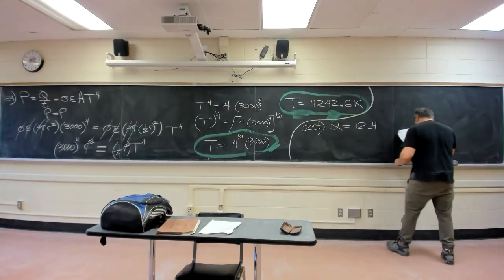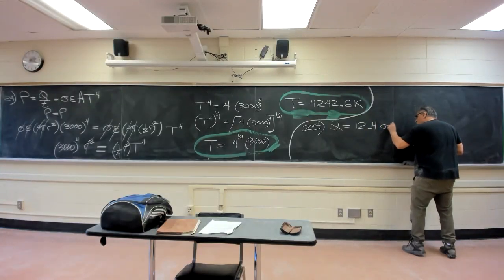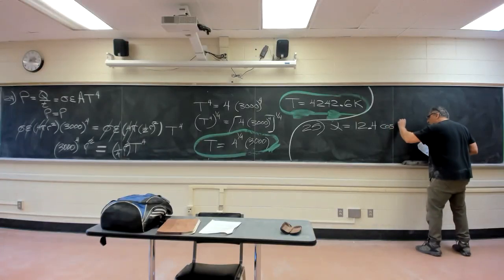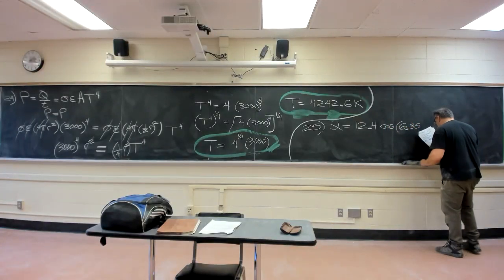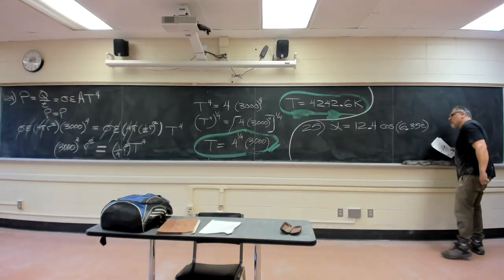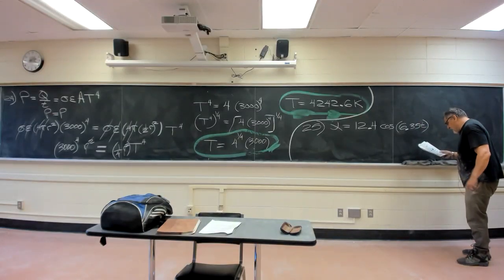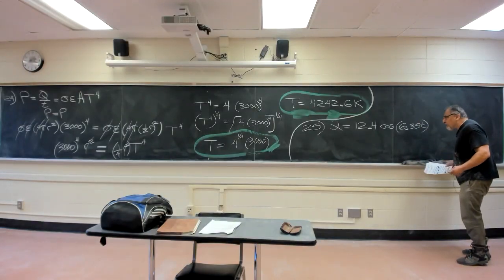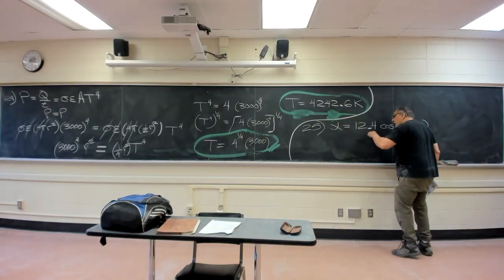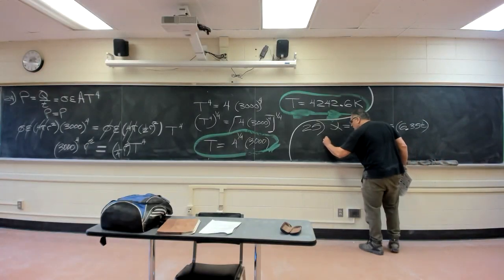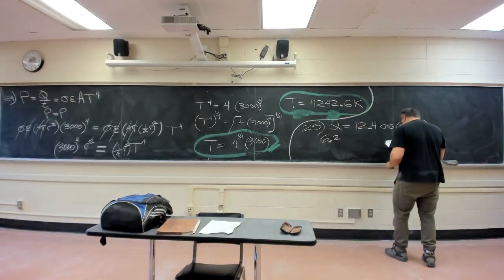x is 12.4 cosine 6.35, and we're talking about radians, so we're okay there. That's what it is. They're asking simply, this is 12.4 centimeters, when will it be at 6.2? When x is 6.2, so write 6.2 right here.